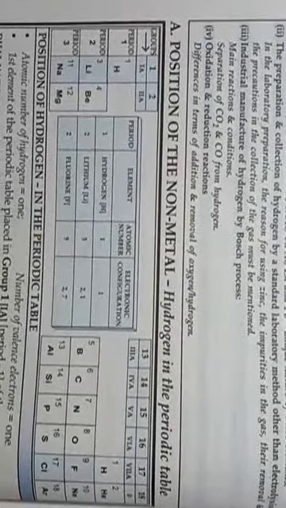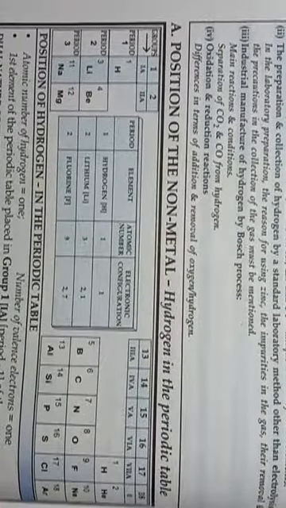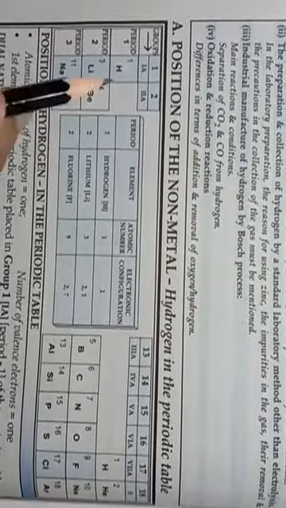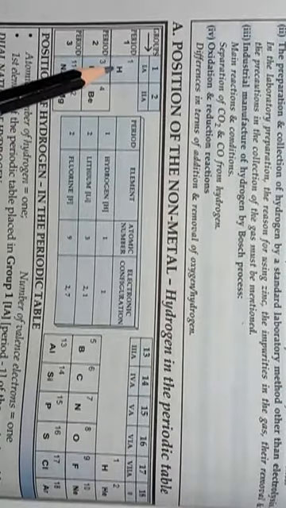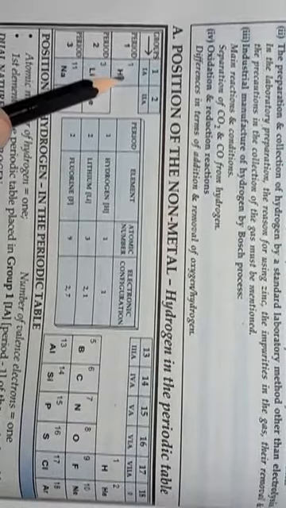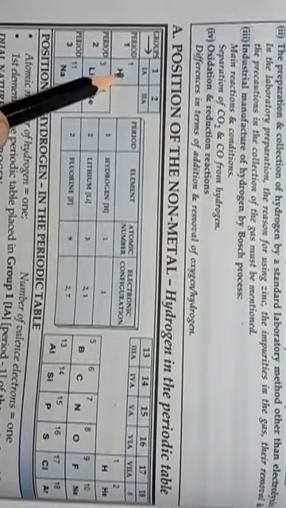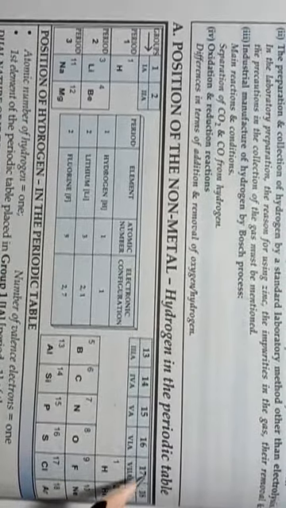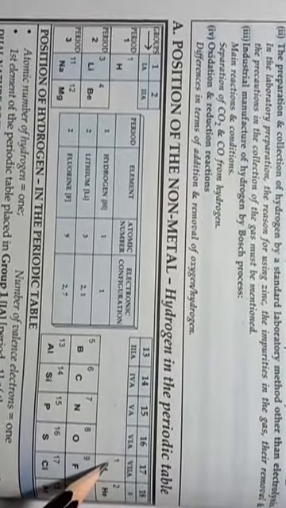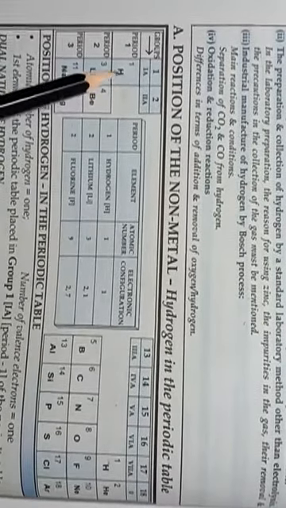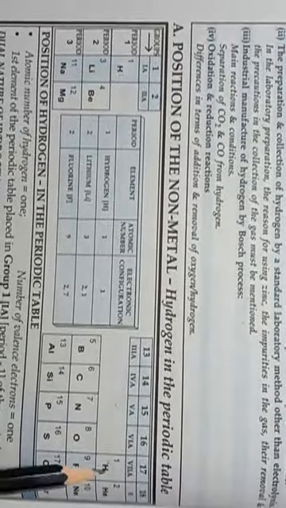First heading is position of the non-metal hydrogen in the periodic table. As you can see in this periodic table, hydrogen is placed both in group 1 first period and group 17 first period. So hydrogen is showing dual position in the periodic table.